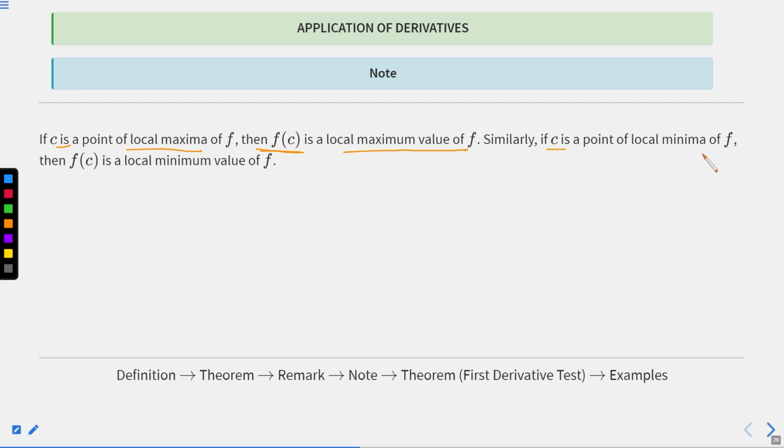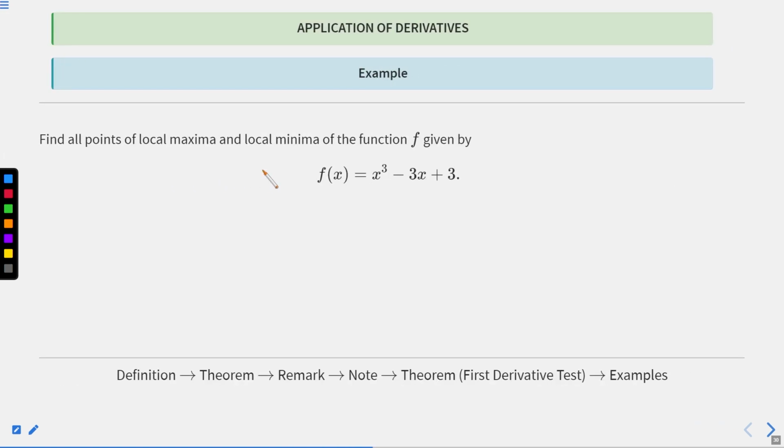Similarly, if C is a point of local minima of f, then f of C will be the local minimum value of f. Clear? Very simple note is given here. Okay, so far so good.